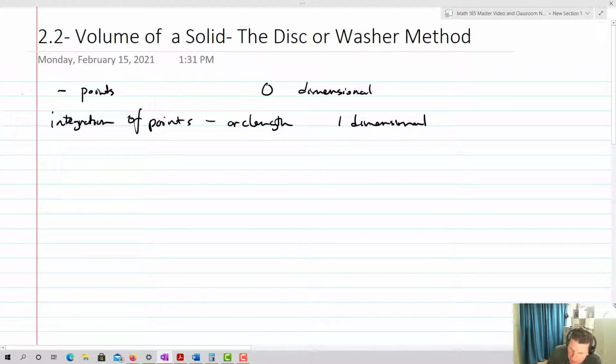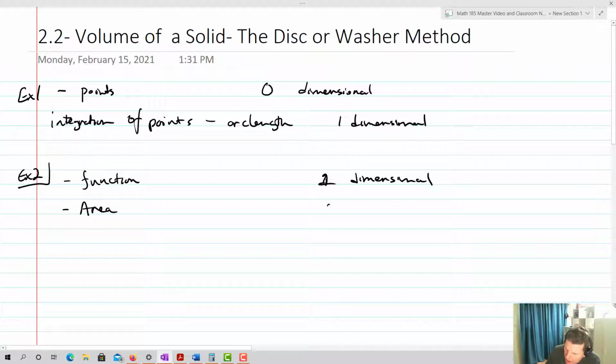Or, for example, here's example 1. Example 2, we've seen now, is we have a function. A function is one-dimensional because it's like a line or a curve in space. And when I integrate, my integration ends up giving me an area, and that area is two-dimensional.